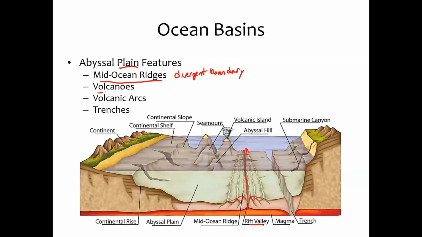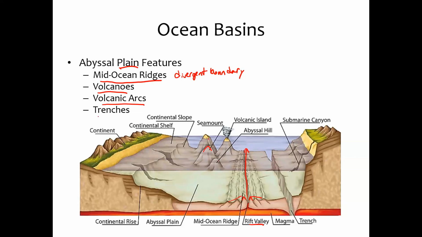You'll also see some isolated volcanoes, or sometimes you'll see lines of them, volcanic arcs that are formed on oceanic convergent boundaries. And some of those volcanoes rise above the water, and some of them stay below the water, but they can still erupt.